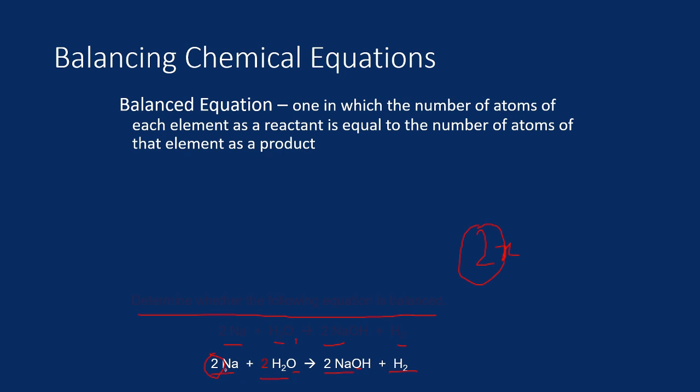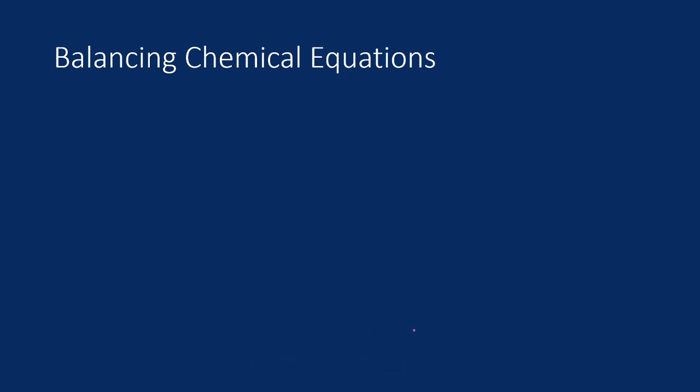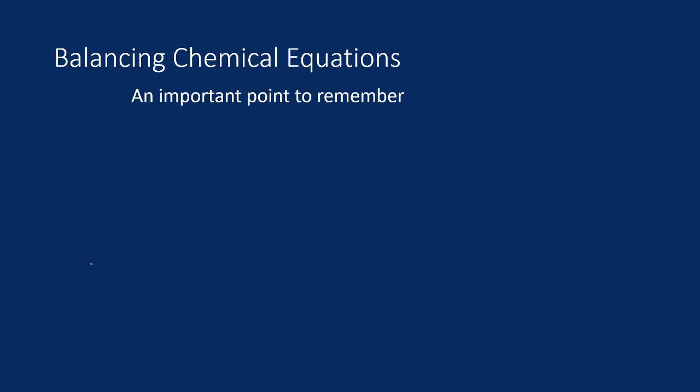So even here, in 2Na, 2 is the coefficient; 2 here is the coefficient for H2O, and for 2NaOH, and here there's nothing, it's just 1. So next, determine the coefficients, that means we need to identify them.